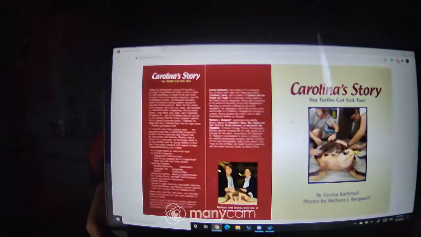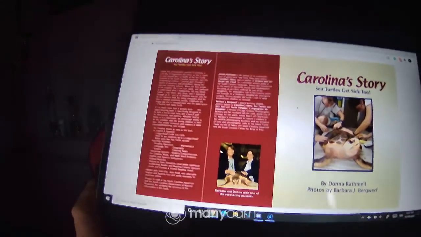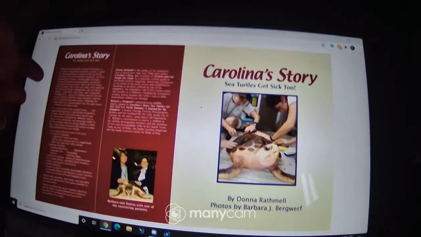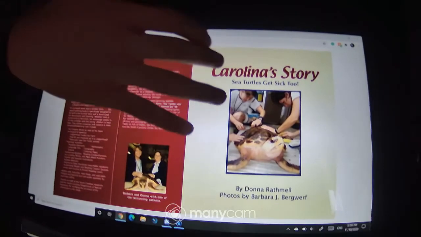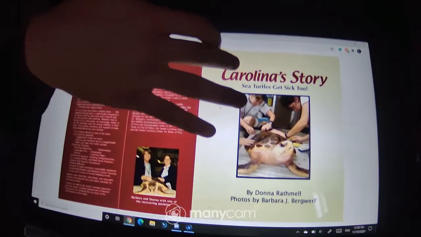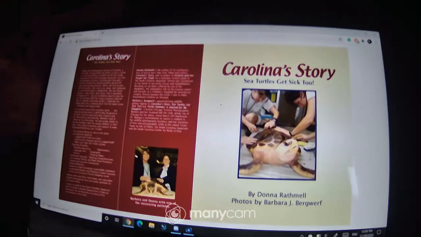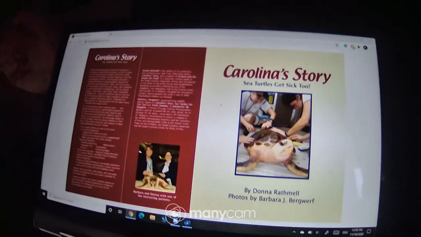So first of all, we will be looking at the cover page of the book and we will make inferences about it. For example, in the cover page we are able to see the title, Carolina's Story, Sea Turtles Get Sick Too, which gives us the idea that this story is going to be about a turtle who is getting sick.